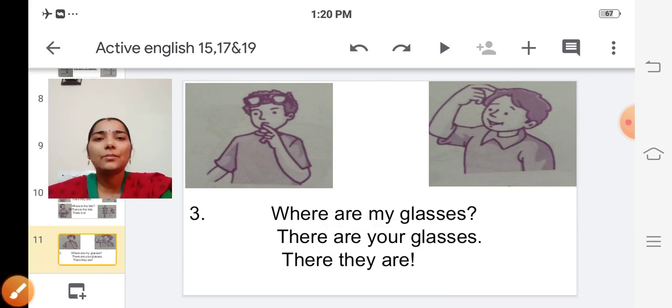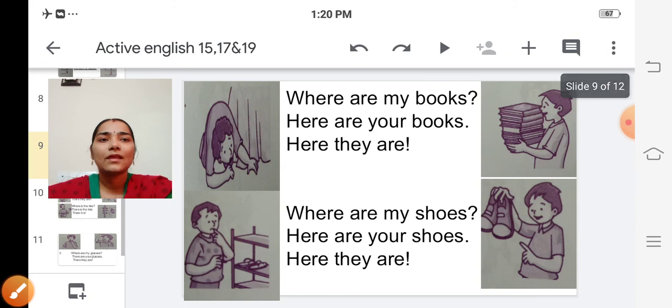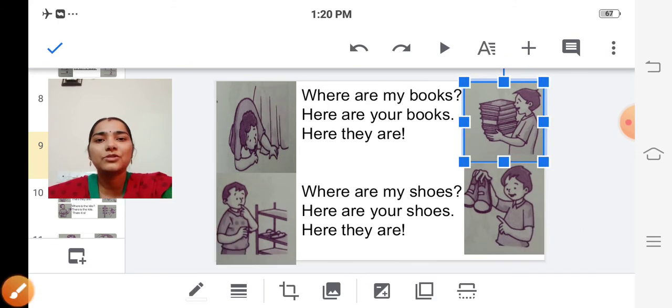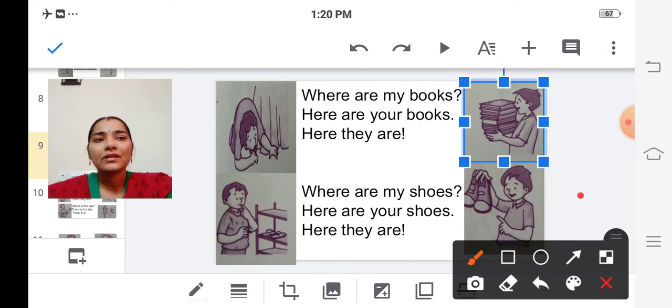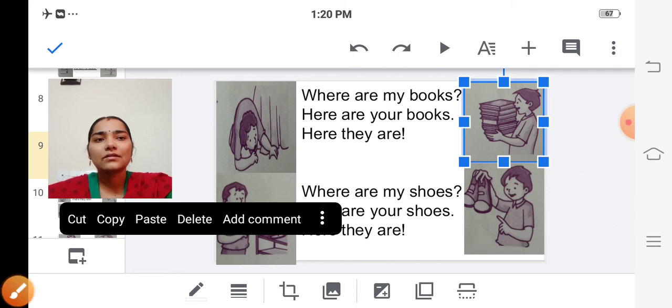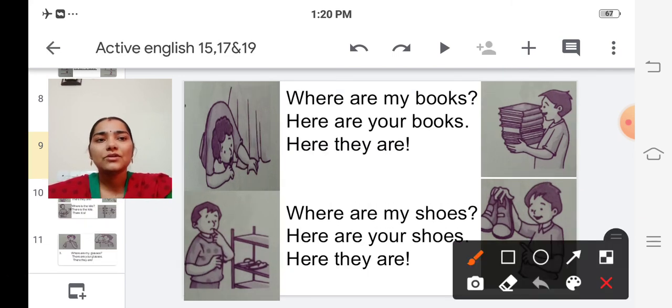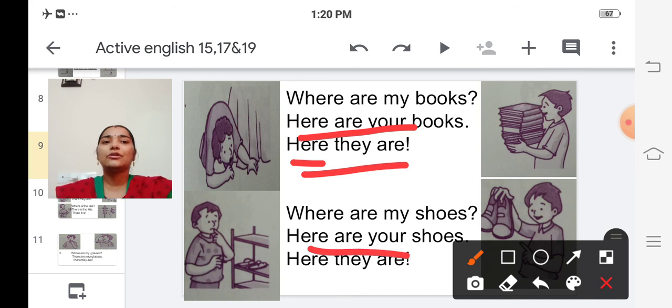In the first topic, they are having the objects, isn't it? So how do they answer? Here they are. Here it is. Here are your books. Here are your shoes. Because they are having them.